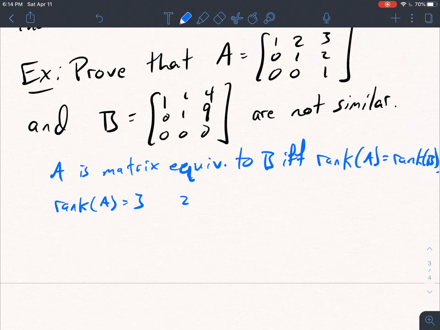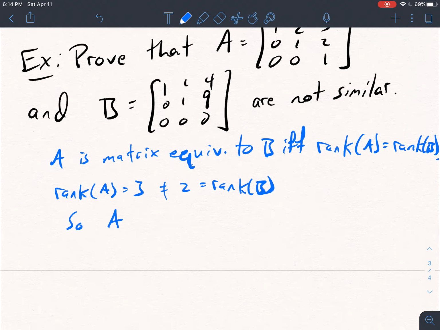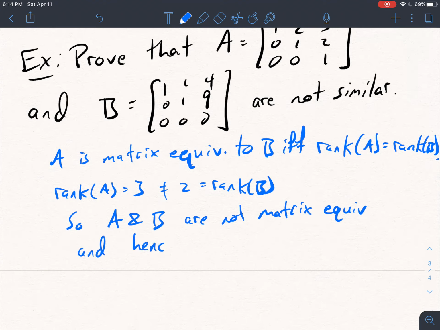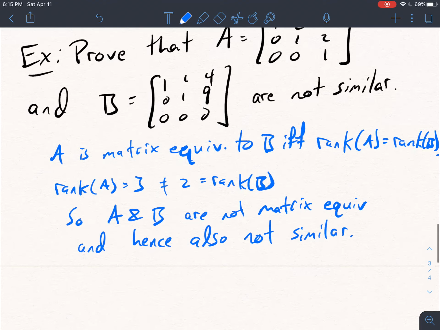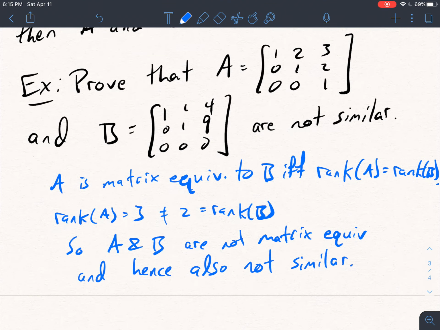So the rank of A is equal to 3, and the rank of B is equal to 2. 3 and 2 are not equal, so the rank of A and the rank of B are just different. So A and B are not matrix equivalent, and hence also not similar. Sorry, I said singular. Hopefully I didn't say singular too many times in these videos as well. But yeah, so that's it.